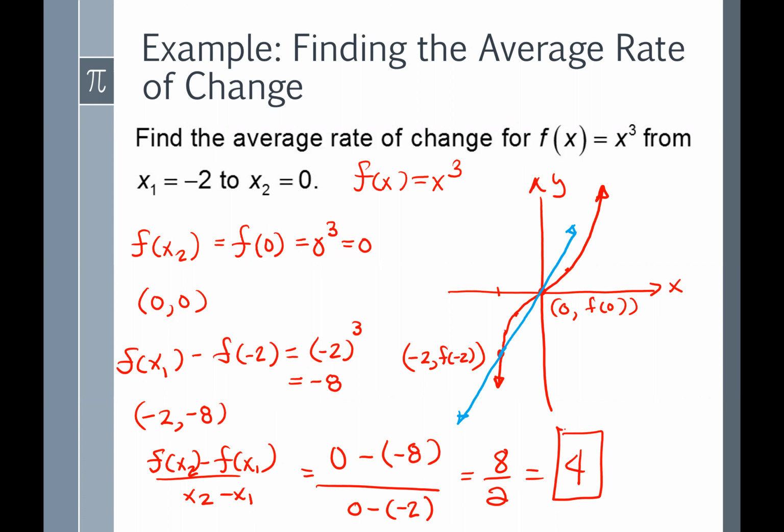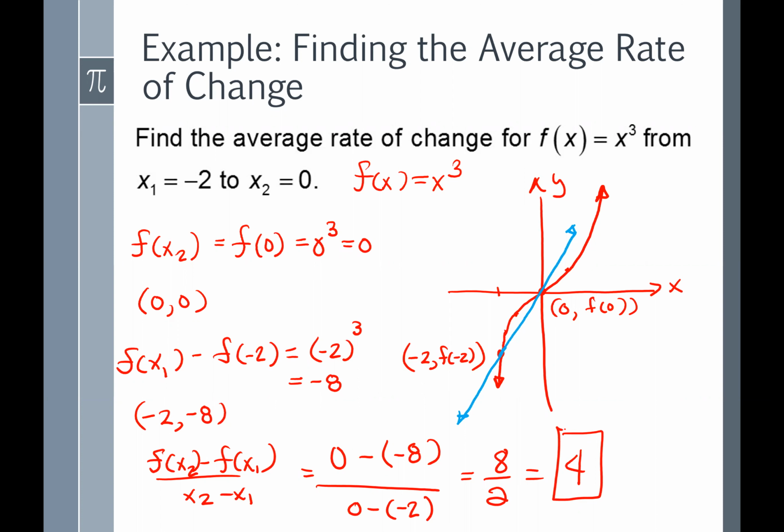So the average rate of change of this function from the point x is -2 to the point x is 0 is +4. And what is +4 again? +4 is the slope of the secant line, which I drew in blue there. It's the slope of the secant line that contains those two points.